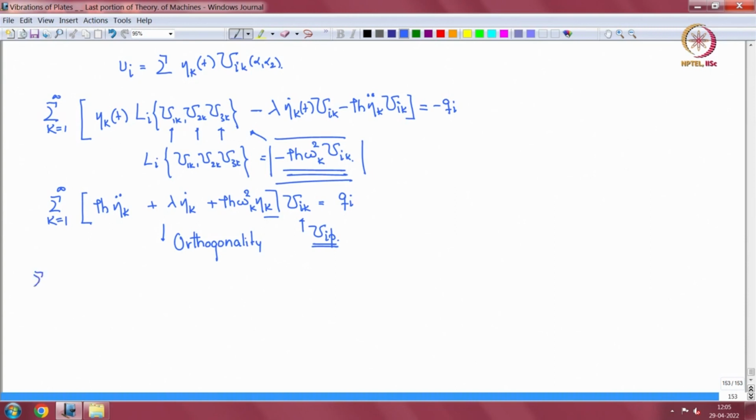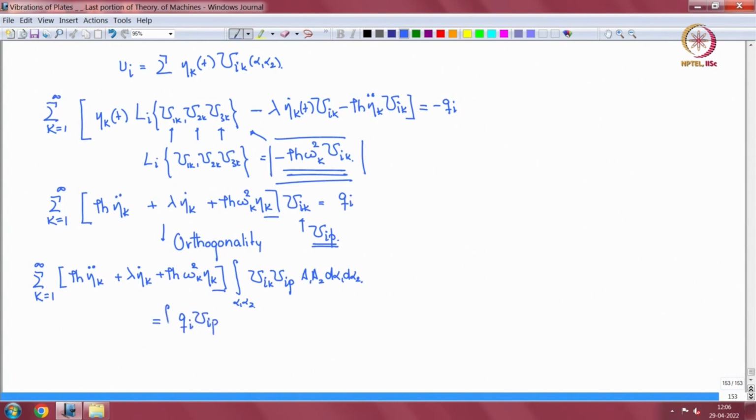So we get summation k from 1 to infinity of rho h eta_k double dot plus lambda eta_k dot plus rho h omega_k squared eta_k, times the integral over alpha 1, alpha 2 of u_ik u_ip A1 A2 d alpha 1 d alpha 2, and on the other side I have q_i u_ip, again integrated over alpha 1, alpha 2, A1 A2 d alpha 1 d alpha 2.